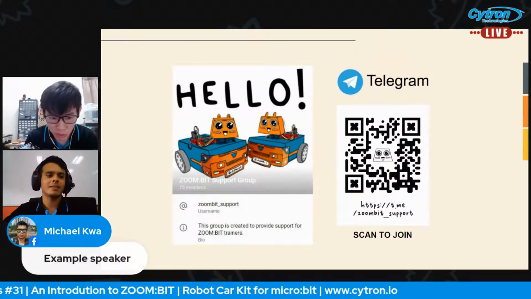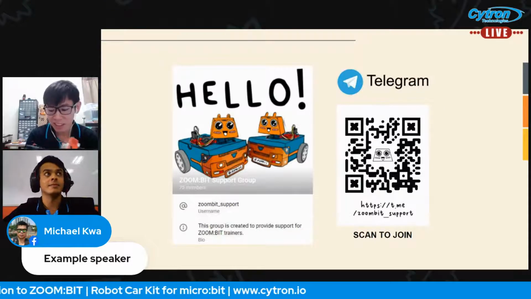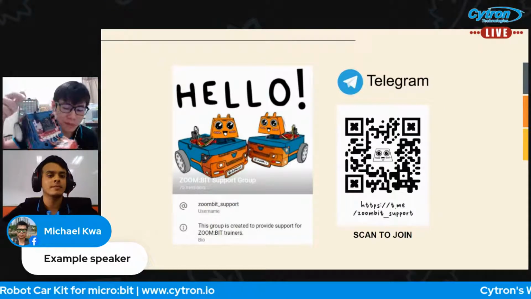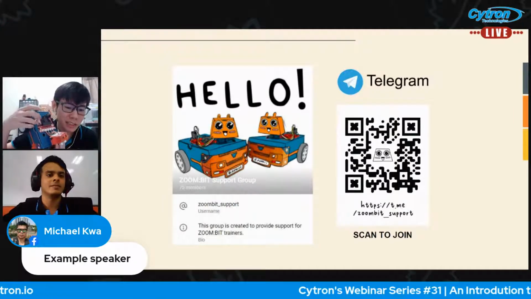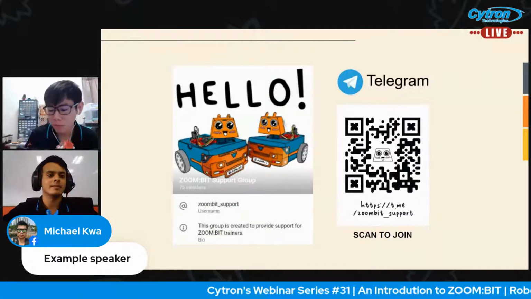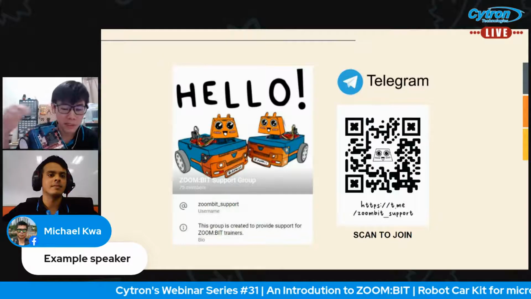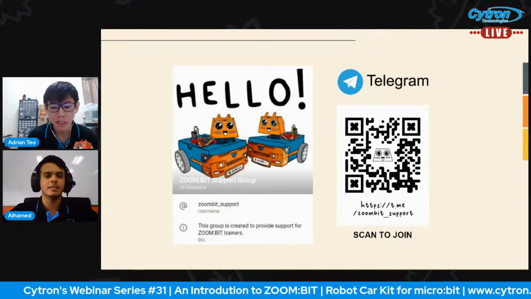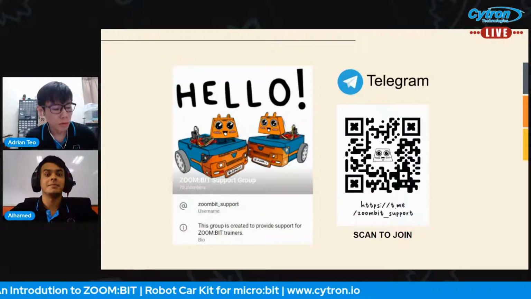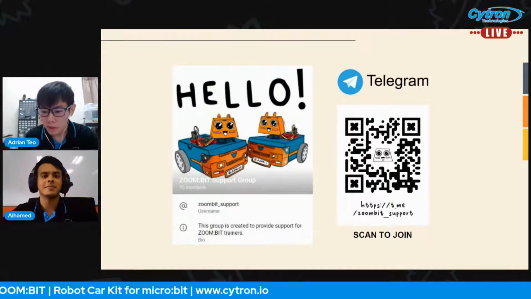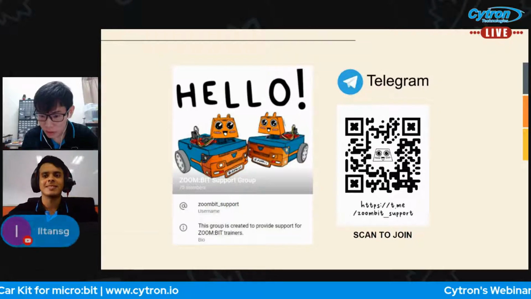He did say, for example, a speaker. So yes, a speaker works. Rekabit doesn't have a built-in speaker, but the microbit has a built-in buzzer. So you can also connect a speaker as long as there's a Grove port that supports 3.3 volts.